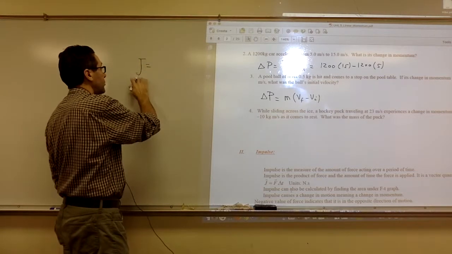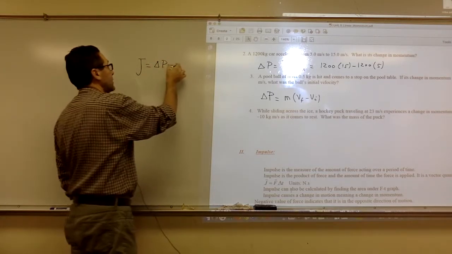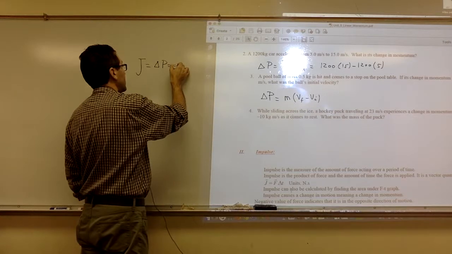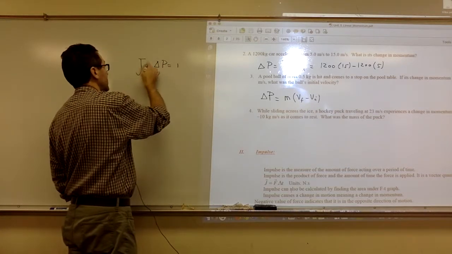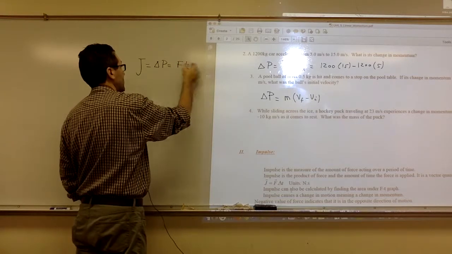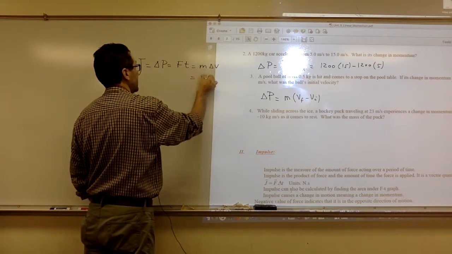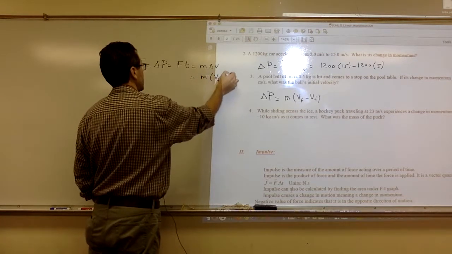Impulse J is Ft, it is the change in momentum, delta P is m delta V, and delta V is final velocity minus the initial velocity.